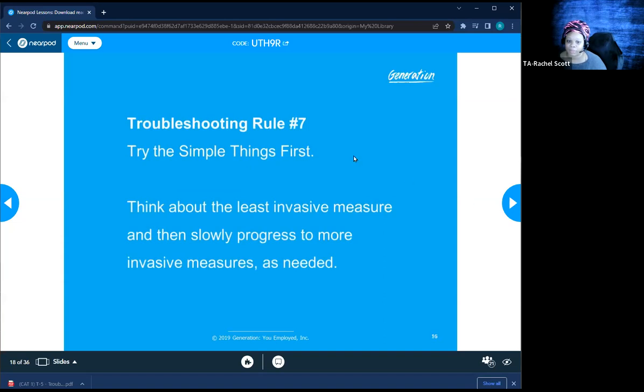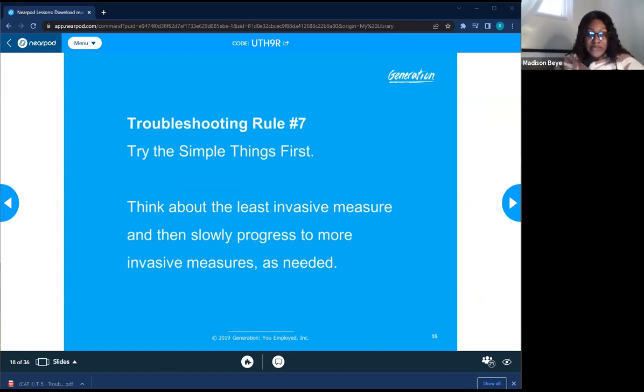Troubleshooting rule 7. Who can read this one for me? Try the simple things first. Think about the least invasive measure and then slowly progress to more invasive measures as needed. Yes.